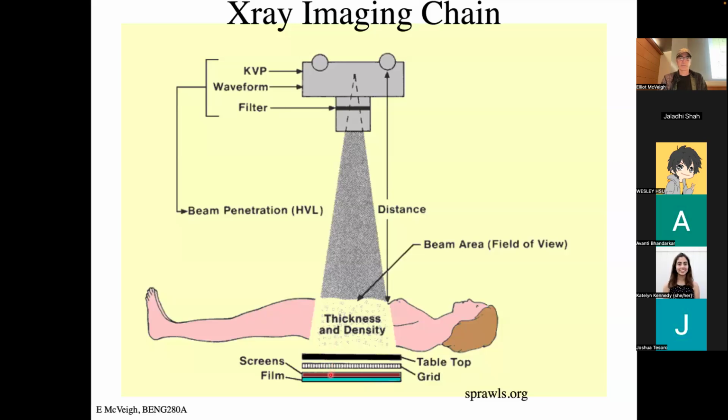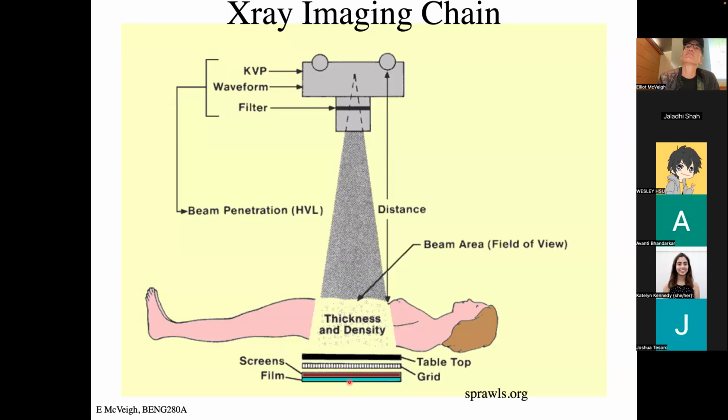I hit this screen, usually some kind of phosphor screen that lights up when X-rays interact with the material in it, causing a flash. In the old days, this used to be a piece of photographic film, and that flash would cause a chemical reaction, just like taking a photograph.